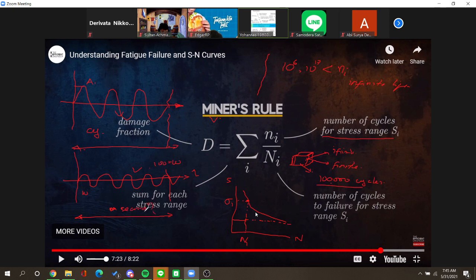So this is the estimated life, and we can apply these cycles to this stress range. And if we have another amplitude with different omega, then we can have another number of cycles for this stress range. Because we have two different loads here, we can add or accumulate the contribution for each load.